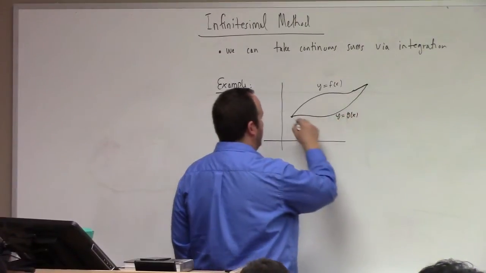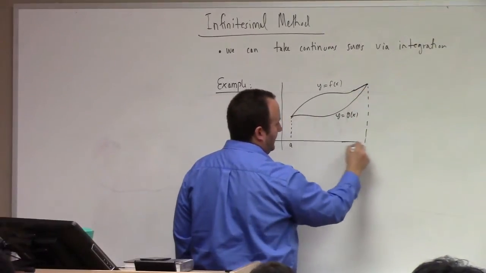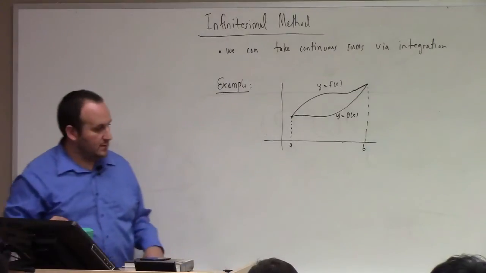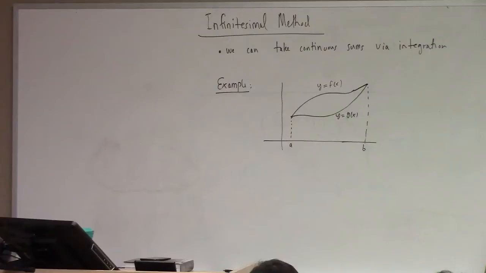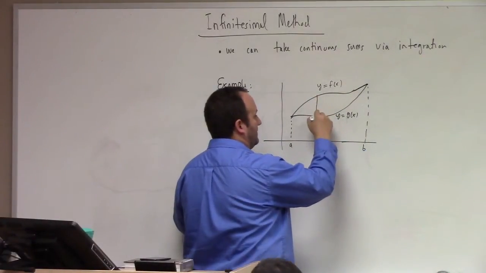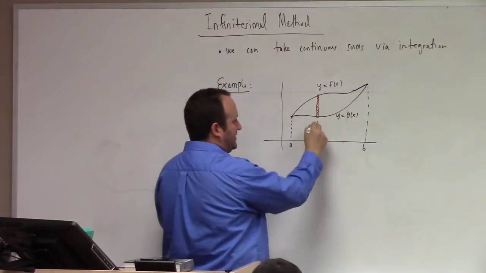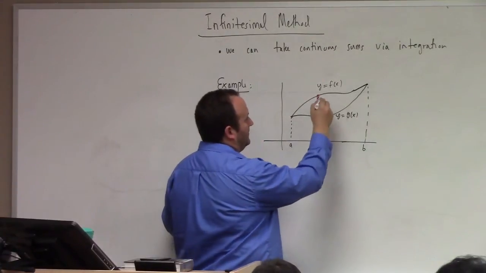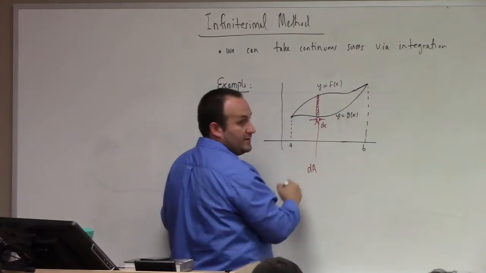You guys know the drill. If you know the intersection points are a and b, what do we do? Well, I envision a typical infinitesimal rectangle, something like this, and I ask myself, what's the area of this? dA, the little bit of area in this little strip: the width of the strip is dx, right?